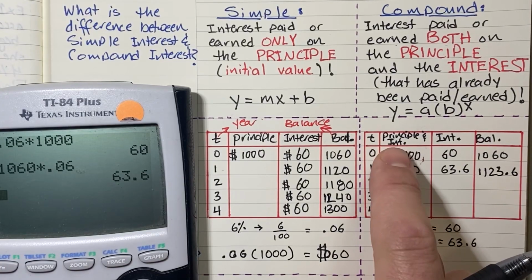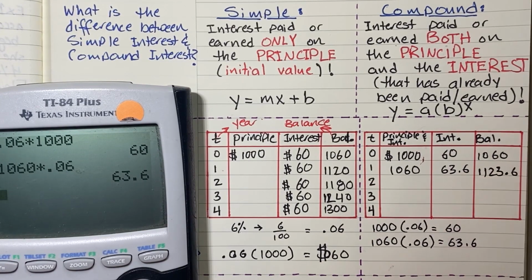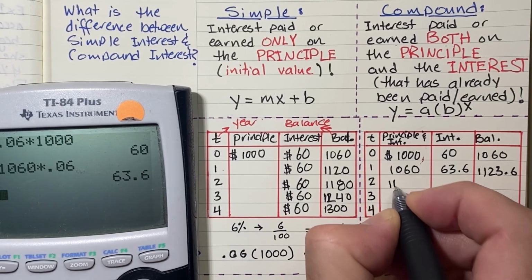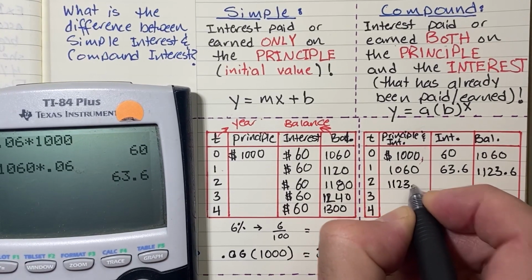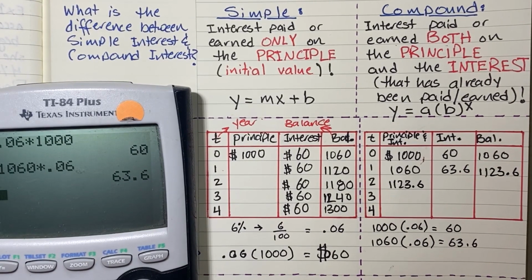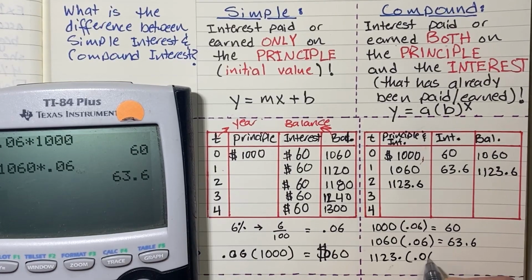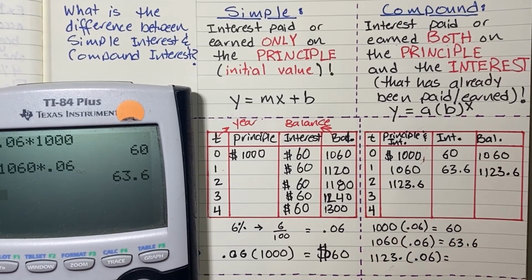The new principal and interest for our next year is going to be our old balance from the year before. So this is going to be 1,123.6. Now we need to know what's the new interest that's going to be added onto this balance for this year. Well, 1,123.6 times 0.06. What is this going to give us?